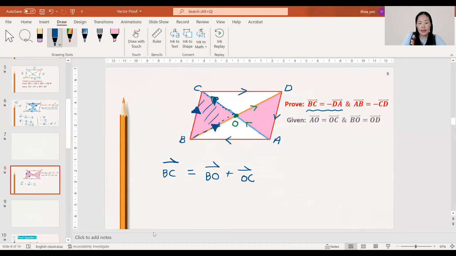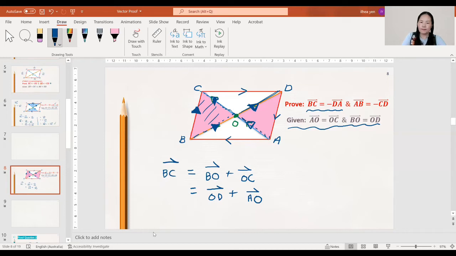Okay, now I'm going to use the given information and replace it. Vector BO can be replaced with OD, and vector OC can be replaced with vector AO. Vector OD is going here, OD here, and then plus vector AO is here.